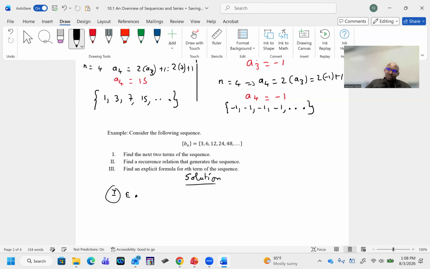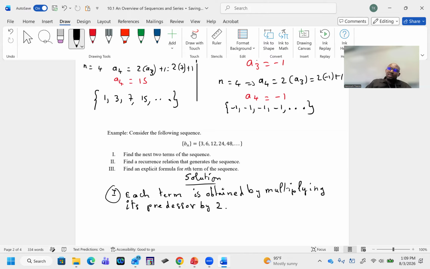Each term is obtained by multiplying its predecessor by 2.